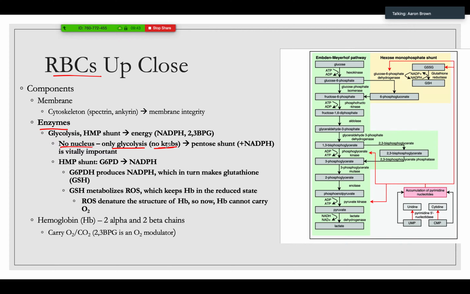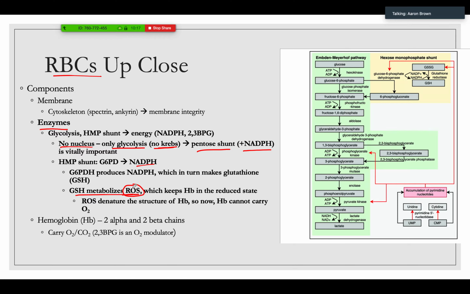We have no Krebs cycle, and in glycolysis we have something called the pentose shunt pathway, which generates NADPH. Okay, so this NADPH is going to allow us to metabolize reactive oxidative species. NADPH is going to allow us to remove some of these reactive oxygen species from the red blood cell. It's going to detoxify. It's an antioxidant, right? You know, when you're drinking green tea and you're telling people, hey, I drink it for the antioxidants, I'm trying to be healthy.